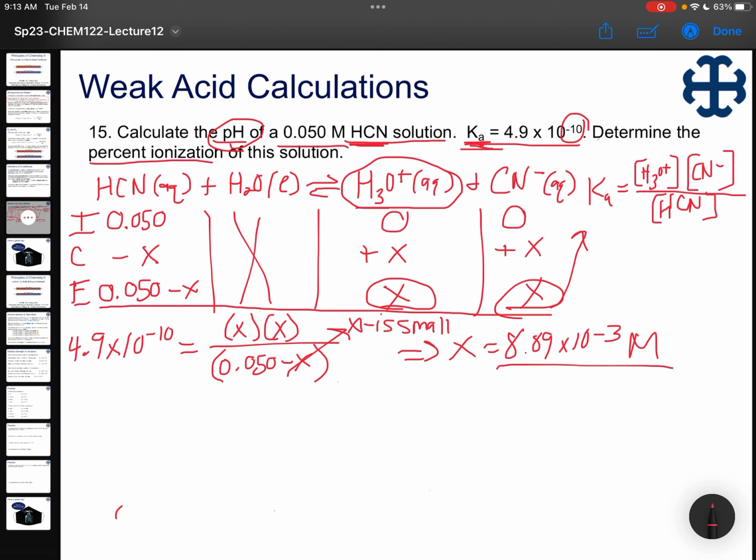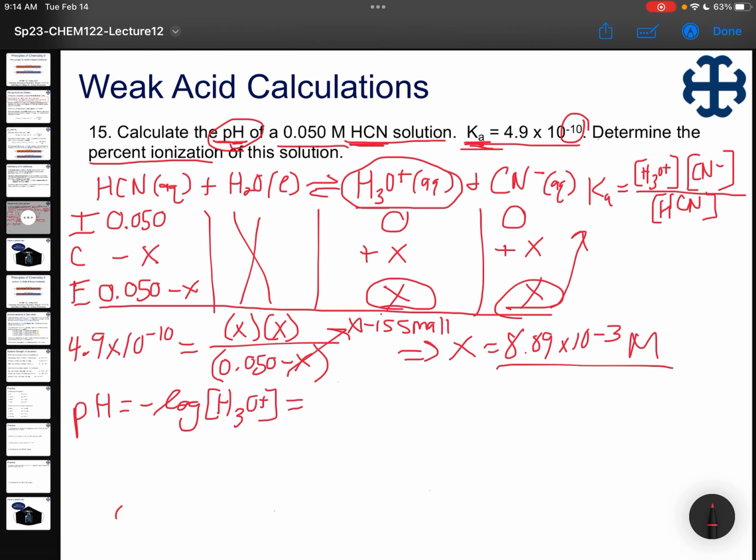So we've found x, which is great, but what does the question actually ask us for? It asks us for pH. So hopefully you remember that pH is going to be equal to the negative log of the concentration of hydronium, H3O+.